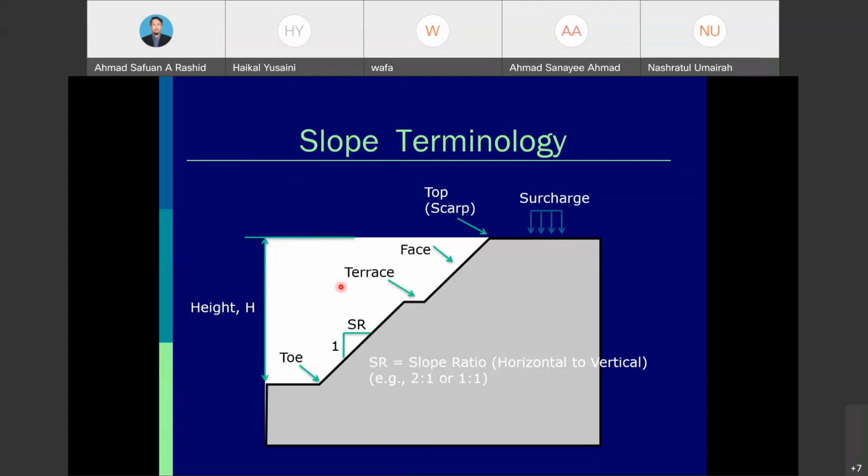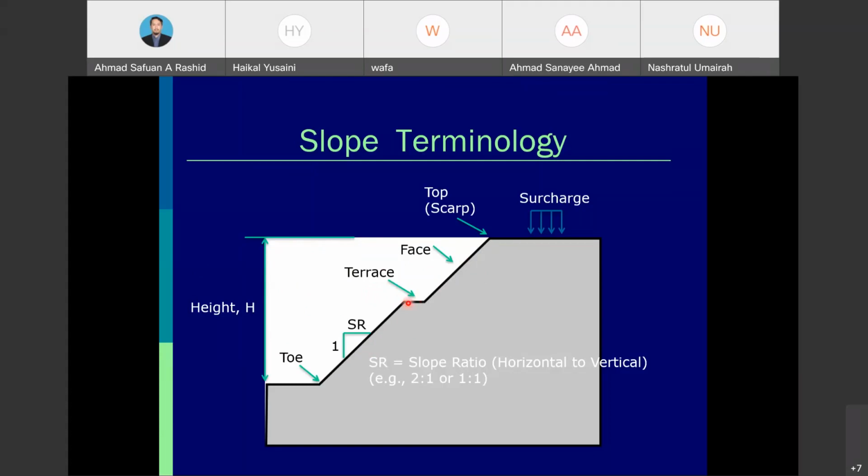So for example, for the terrace, for every 6 meter height, there should be one berm or one terrace. For example, if the total height of this slope is around 12 meter, then for the first 6 meter, the designer or the developer should have a berm.